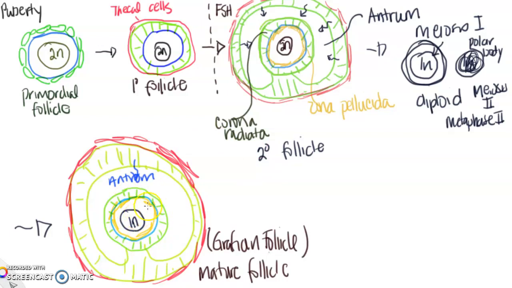We now have a secondary oocyte, okay, who's in the middle of meiosis 2, and the pressure's on. The pressure is building in here. So here is where we end up to the next step, which is ovulation. So that will be the next video.